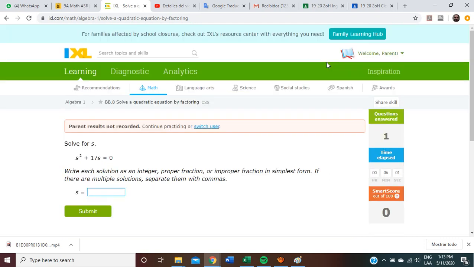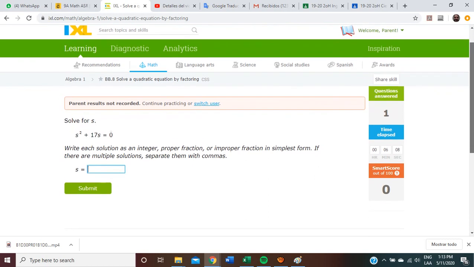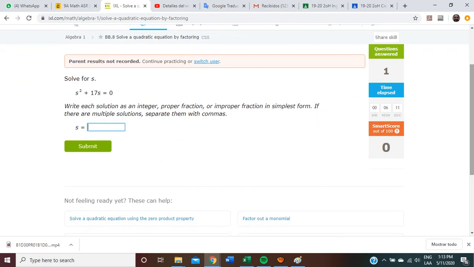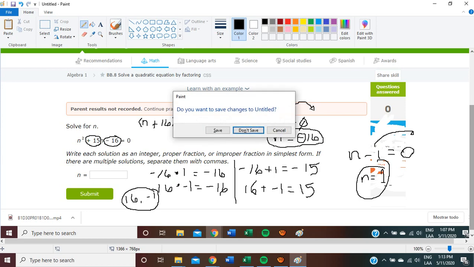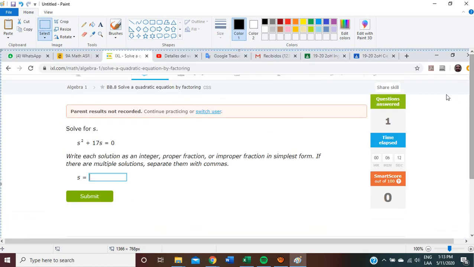Let's solve another one. All right, so I have this. I need to draw parentheses. I can write here equals 0. S, not squared, just like this, and I need to find a number.